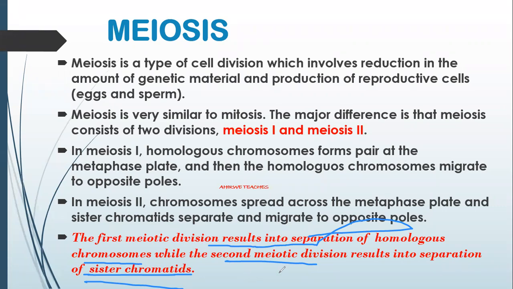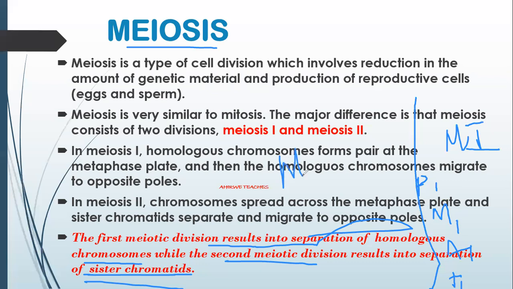That's basically what we are going to talk about. For meiosis 1, we shall see prophase 1, metaphase 1, anaphase 1, and telophase 1, if a cell undergoes it. Then we talk about meiosis 2, where we shall talk about prophase 2, metaphase 2, anaphase 2, and finally telophase 2.